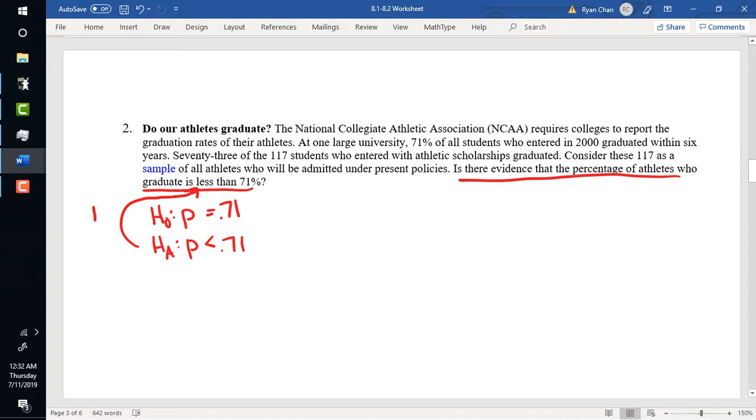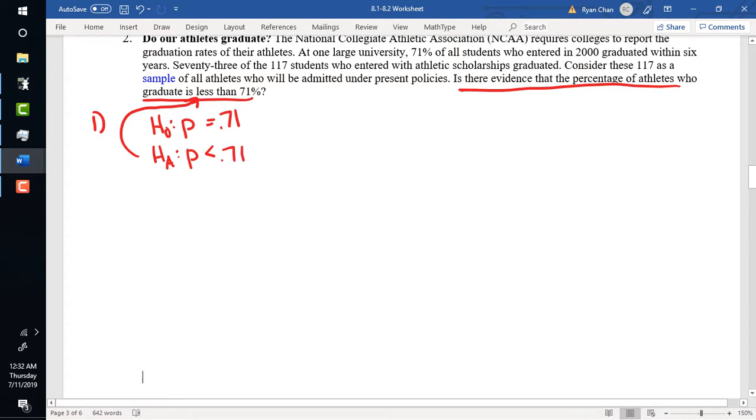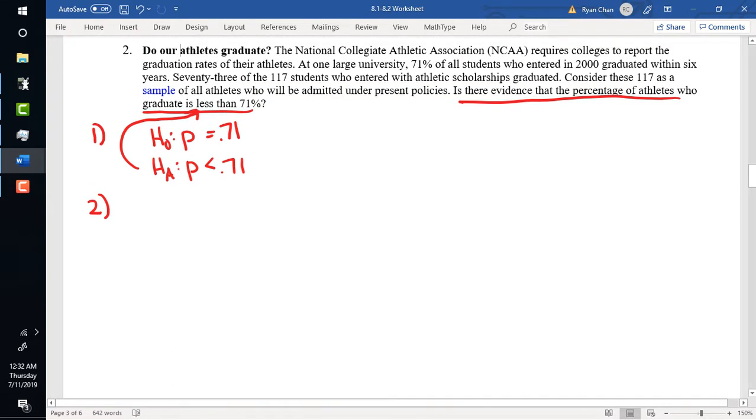So the first part is you always establish your claim. Remember, P is always equal to, and your alternate will have the same number. The second step is I'm going to start compiling my other parts of information. So I have P hat. P hat is 73 over 117.